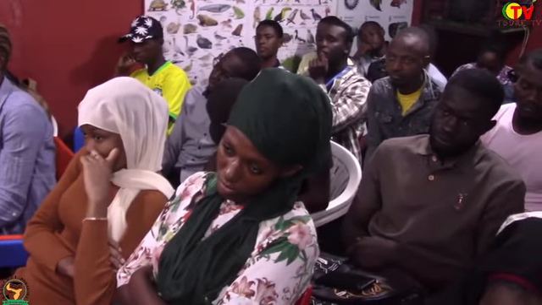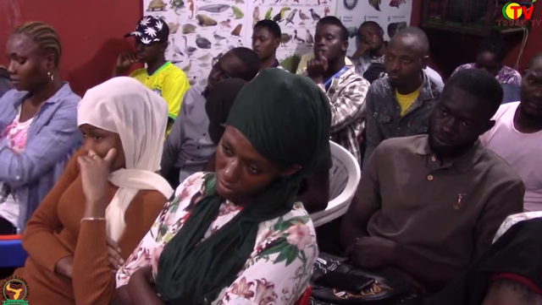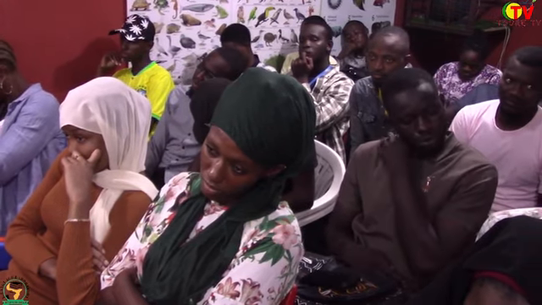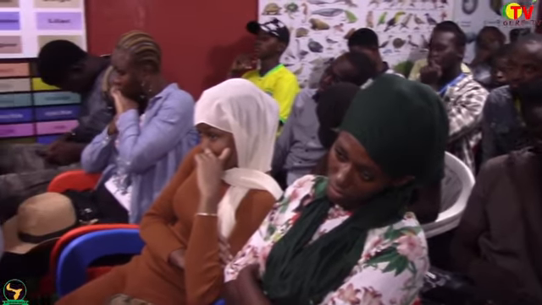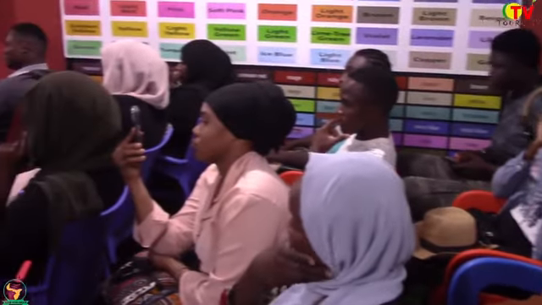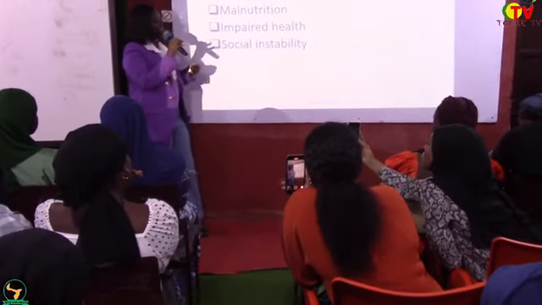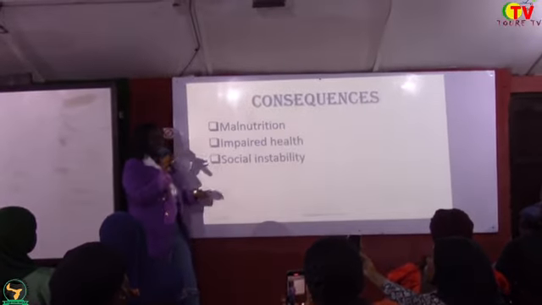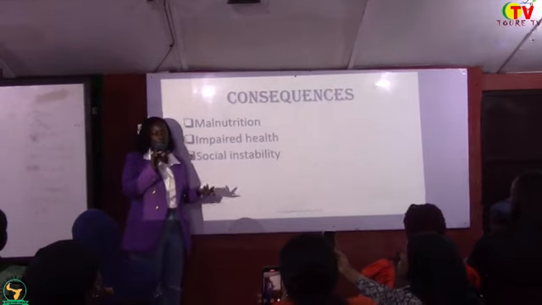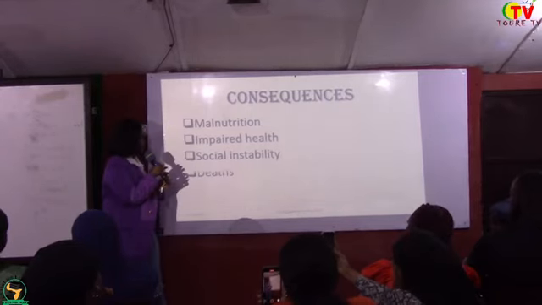Chronic hunger weakens the immune system, making people vulnerable to illness. Social instability. When people don't have proper income to feed themselves, it leads them to some activities such as delinquency, crime, robbery, and so on.